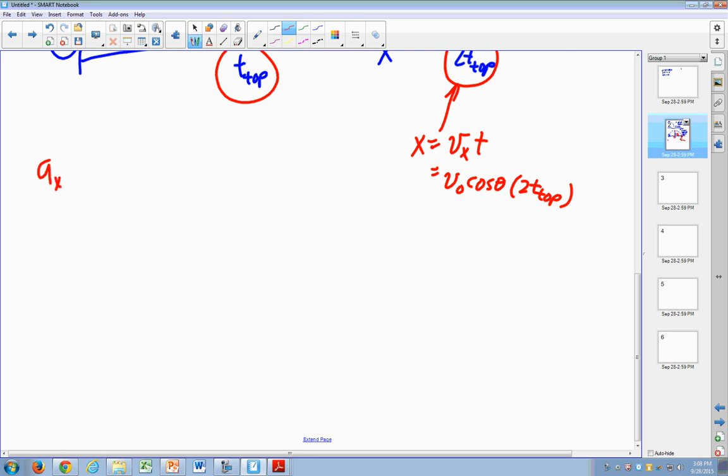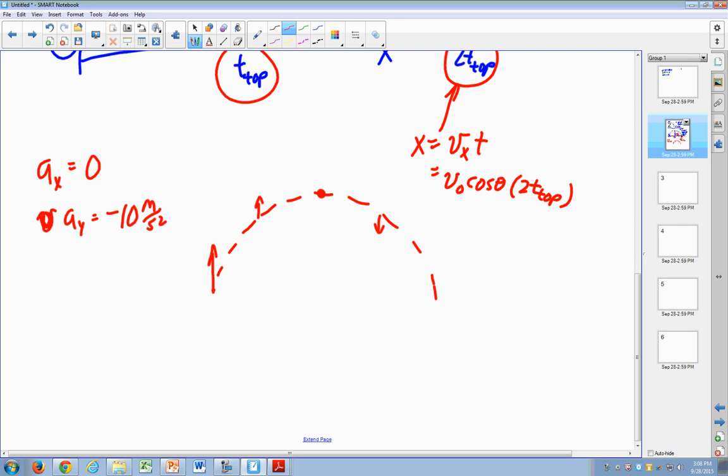The acceleration in the x direction is always 0. The acceleration in the y direction is always negative 10, and that doesn't change. So if we look at our trajectory, because of that, we have some things that go on. The velocity in the y direction is initially big and positive. It gets smaller with time, and it goes to 0 at the top.